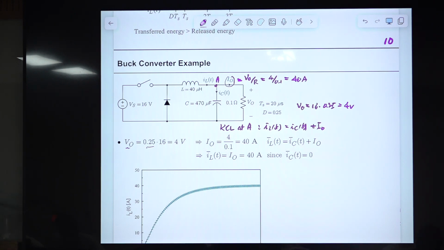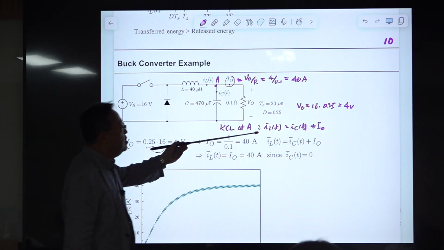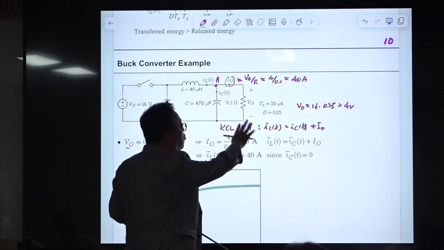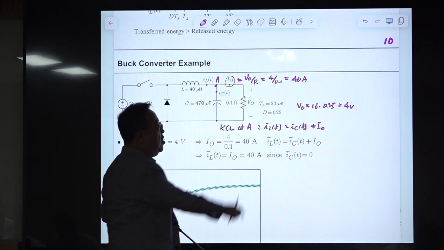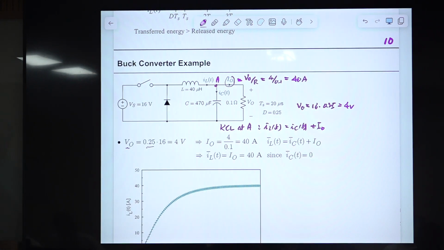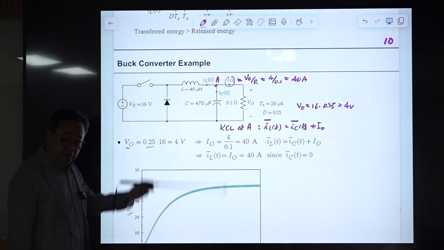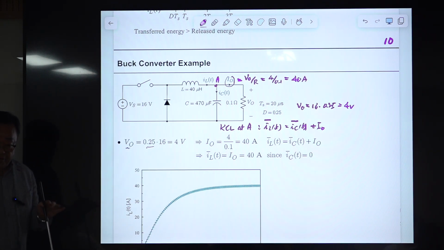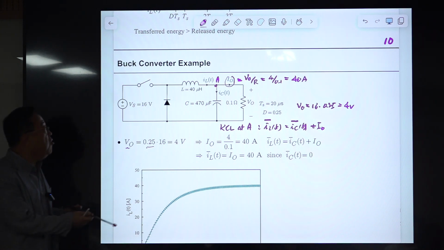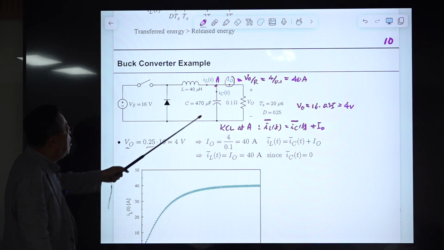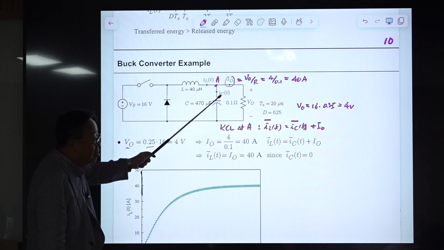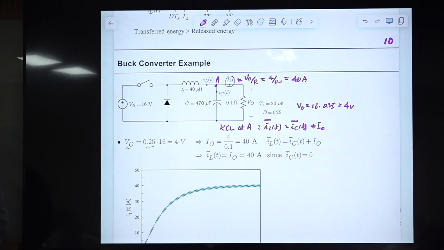This is obvious. This is the equation for the instantaneous waveforms, but you take the average value of them, so you put a bar here and a bar here. The average value of this capacitor current should be 0. I'll explain that later with a simple example. For all practical converters, the average value of this is 0. Then this is 0.